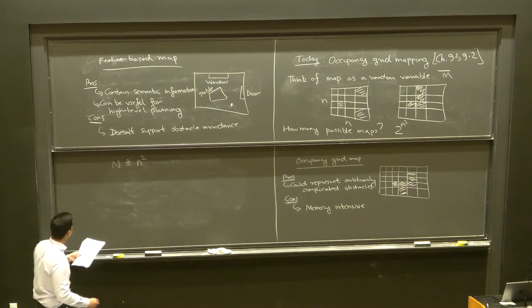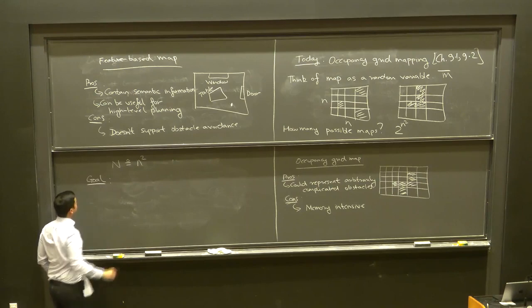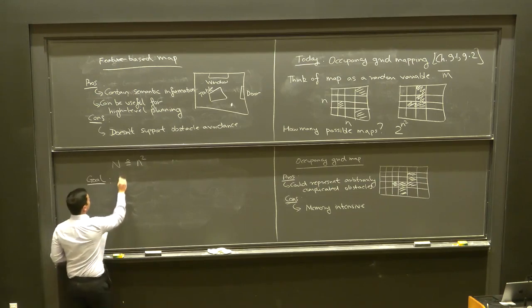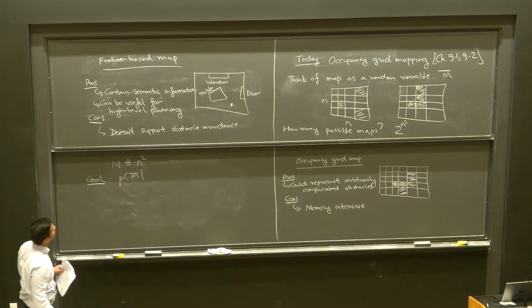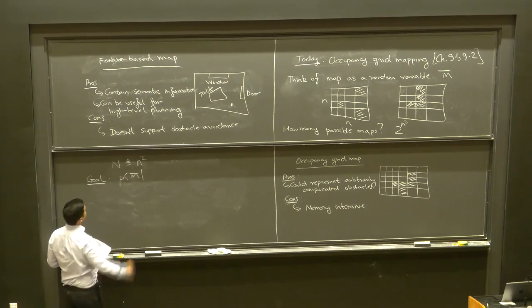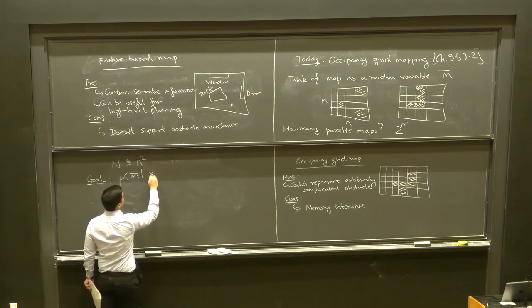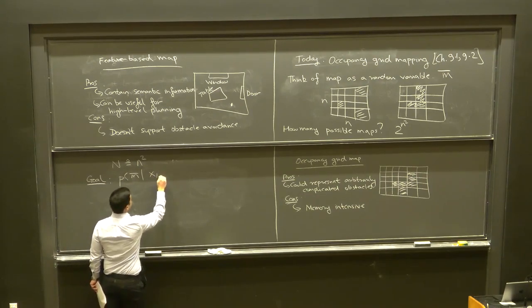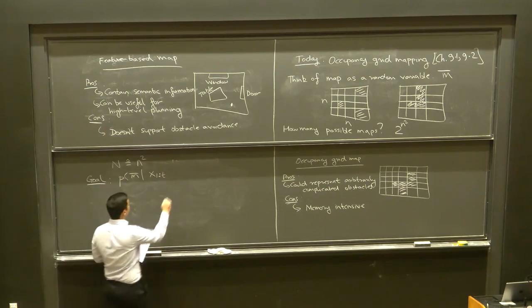So what we're going to do, the goal is going to be to represent a probability distribution, so the probability associated with each map, given some information. So the information that we're assuming here, I'll explain this notation in just a second.